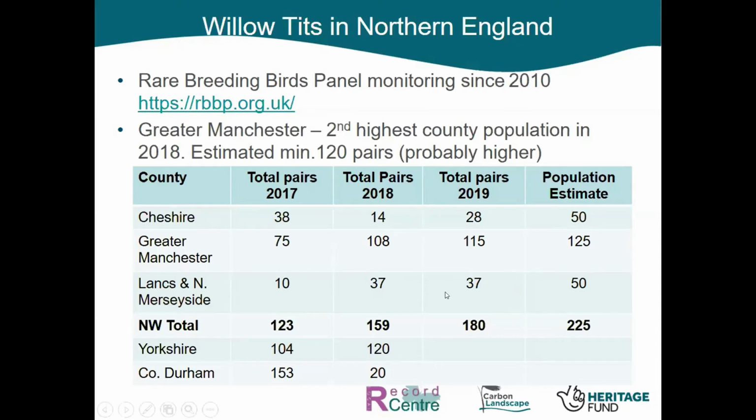But it's interesting, we haven't got the figures for Yorkshire and County Durham for 2019 as yet, but in 2018, Greater Manchester had the second highest population of any county in England. So clearly, an important area. When you combine it with Cheshire and Lancashire, we're getting close to 10% of the national population.